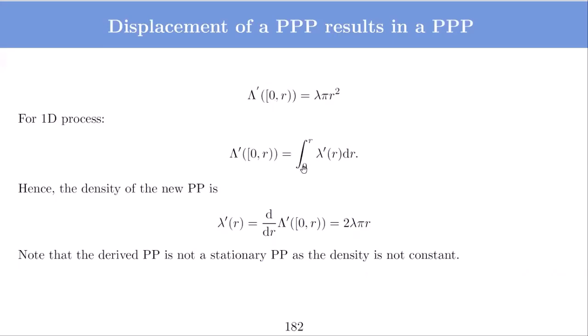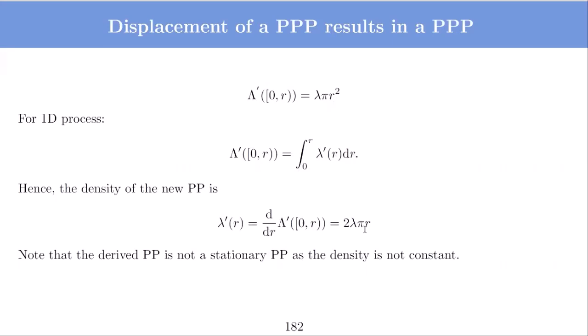Now to solve this, you can take the differentiation on both sides. So lambda dash(r) is equal to the differentiation of the intensity measure, so d by dr of lambda pi r square, which will become 2 lambda pi r. Now you can see this depends on r. So the new point process is not uniform. So this is a different result.